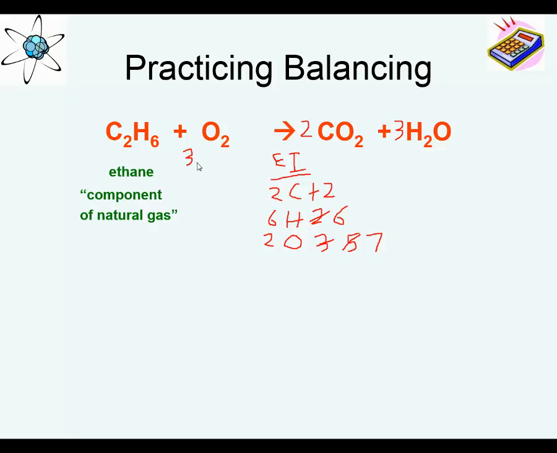Right? Now I shouldn't feel comfortable with that because that would be half of an oxygen molecule, and that's not stable. But that would give me 7. Another way I could write this is as 7 halves as a fraction. That would give me 7 oxygen atoms, right?